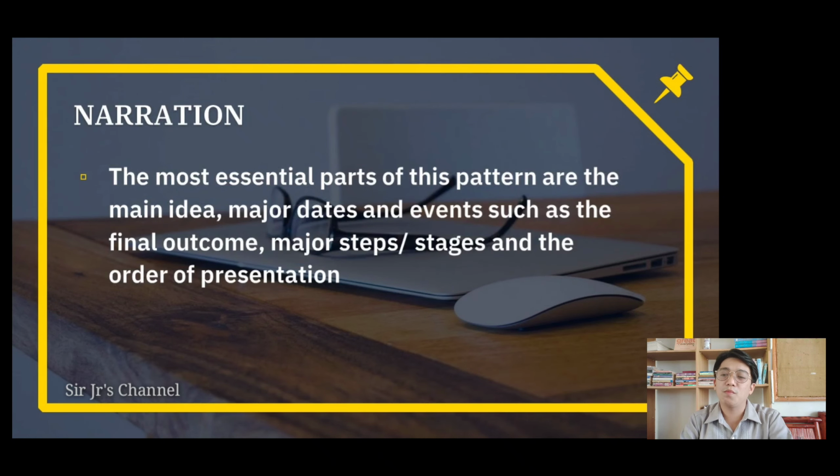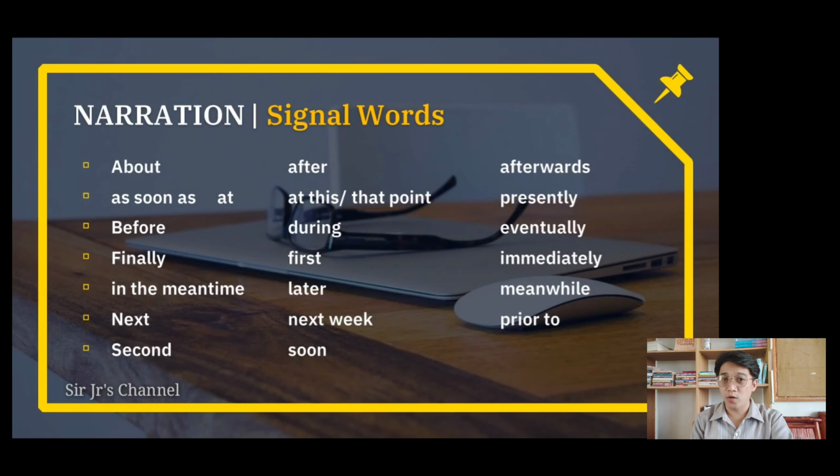The most essential parts of this pattern are the main idea, the major dates and events, such as the final outcome, major steps, stages, and the order of presentation. Okay, like first, second, third, what happens next. So here are some signal words to help you whether a particular text is written using a pattern of development called narration.